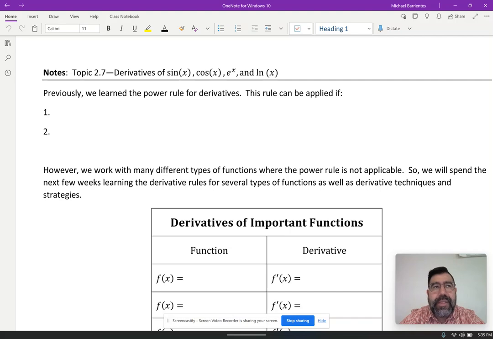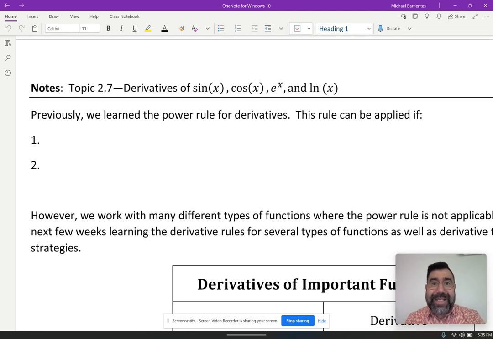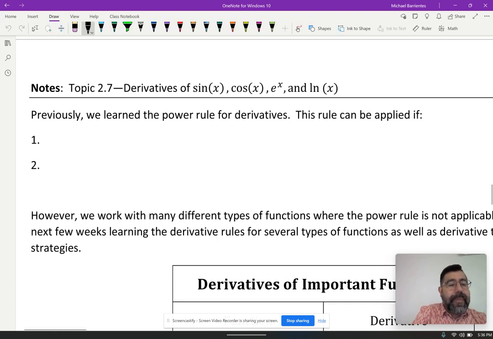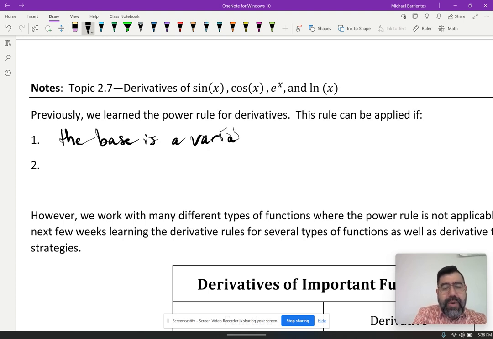We found in the previous videos that there is a shortcut to finding the derivative function, but it only works for power functions. So this very first part of our notes sheet reminds us that previously when we learned the power rule for derivatives for power functions, we hopefully remember that this rule can only be applied if, number one, the base is a variable, and we mostly saw it with the base being x.